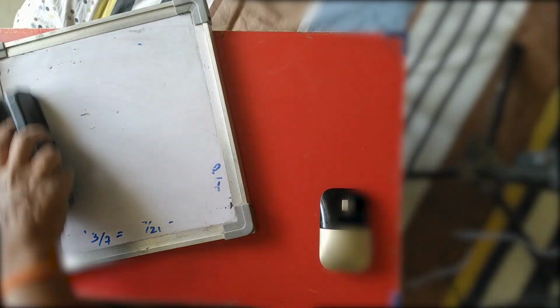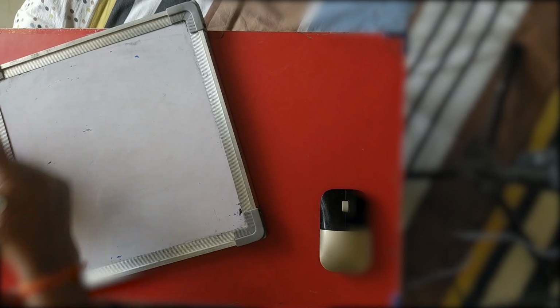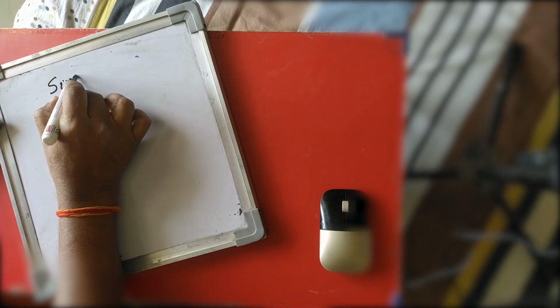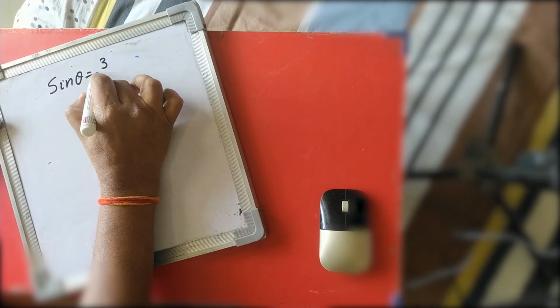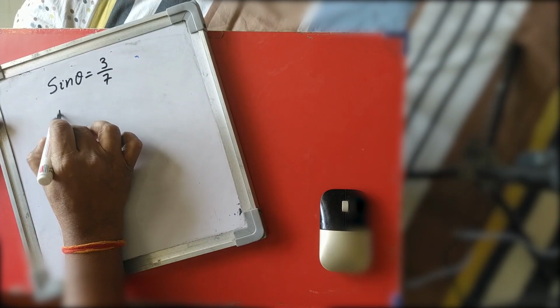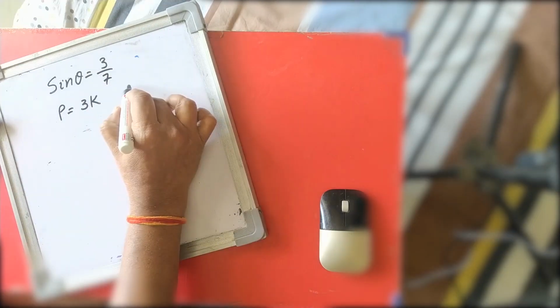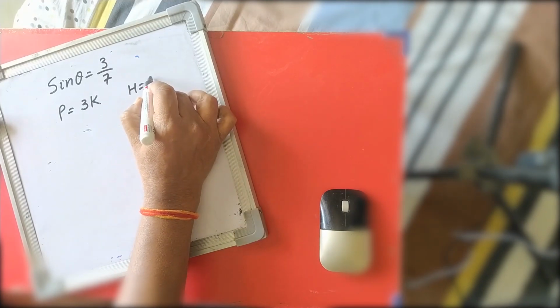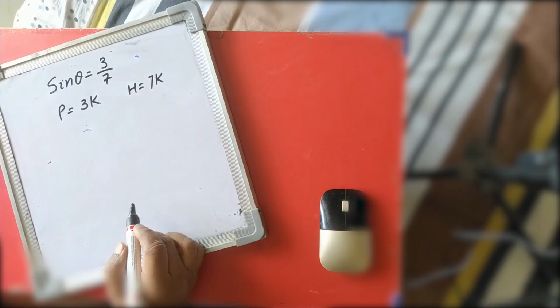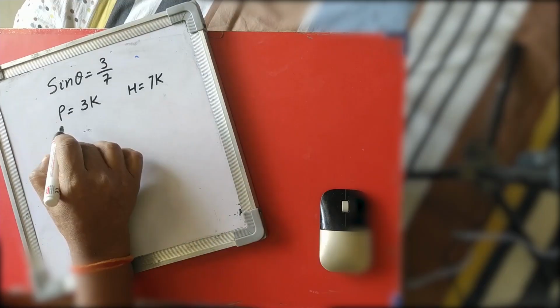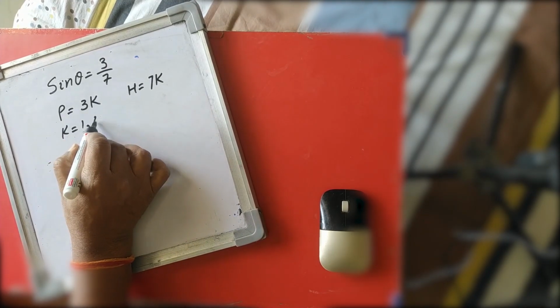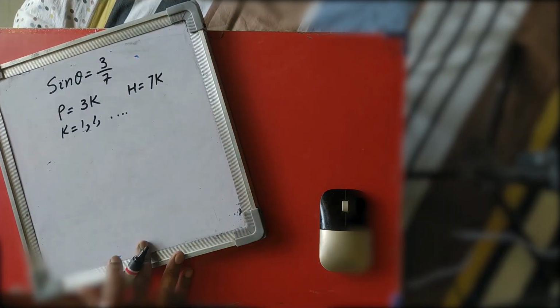If we are given that sin theta is equal to 3 upon 7, we say perpendicular is some multiple of 3 and hypotenuse is some multiple of 7. It could be 1 also, it could be 2 also, or it could be any real number.